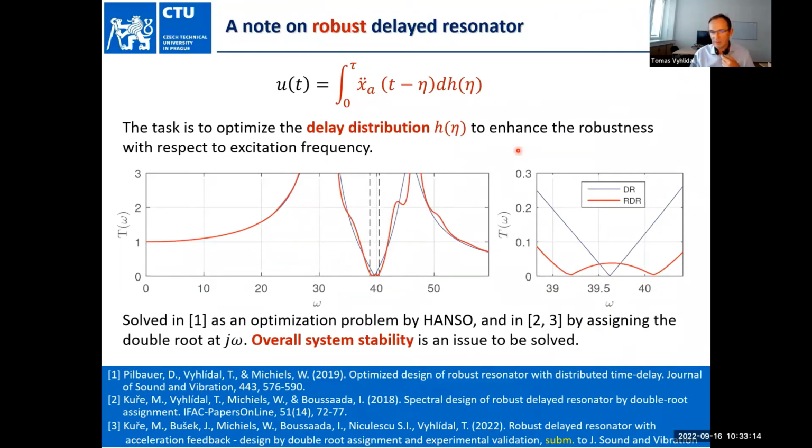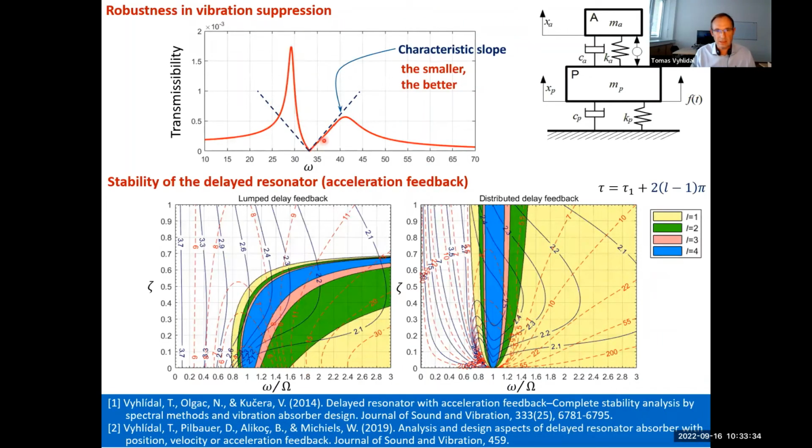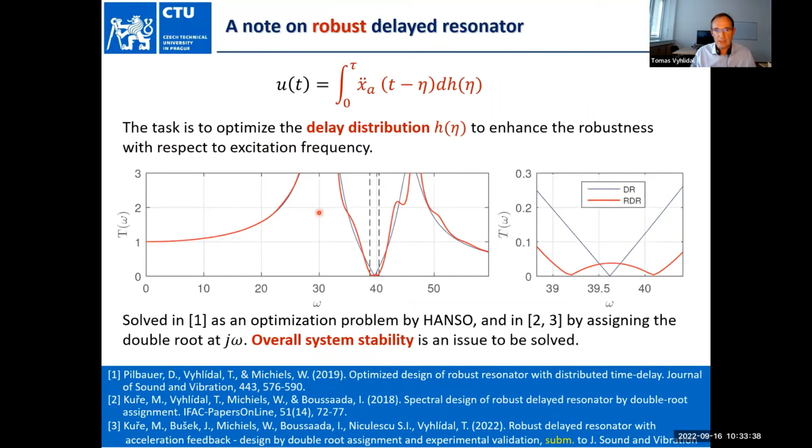I see that I will need to speed up a bit. So very briefly, I will mention the works which we have done on extending the robustness. Instead of having this pointwise character in the frequency domain, we can attempt to widen it.